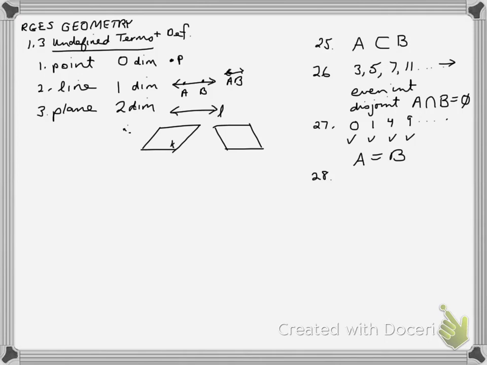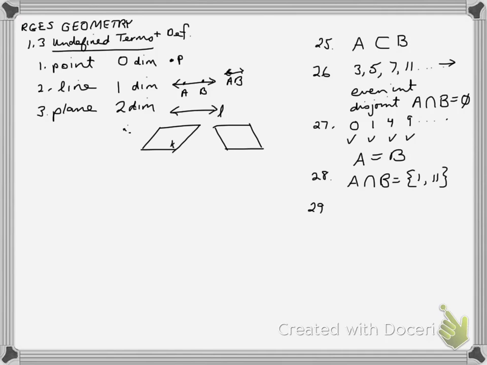Which ones do they share? Well, they share the elements 1 and 11. So these two are intersecting. And so A does intersect B, containing the elements 1 and 11.